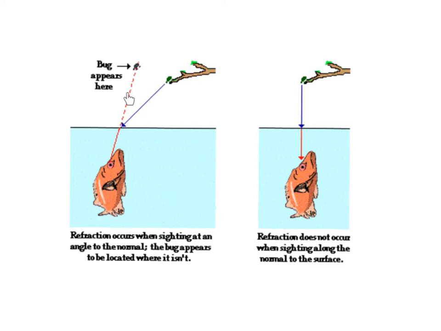The archer fish thinks the bug is here, not here. Yet, research has shown that an archer fish's hit probability is not decreased no matter what the angle is. In other words, it has the same hit probability here as it does at an extreme angle. So for some reason, the fish is able to account for physics. So if fish can do physics, so can you. Go get them.